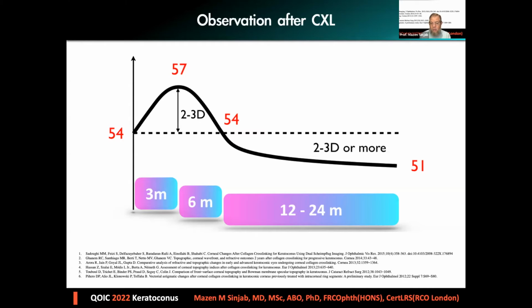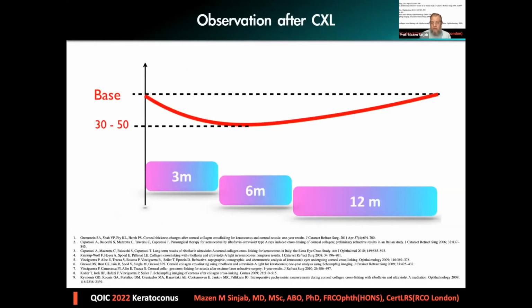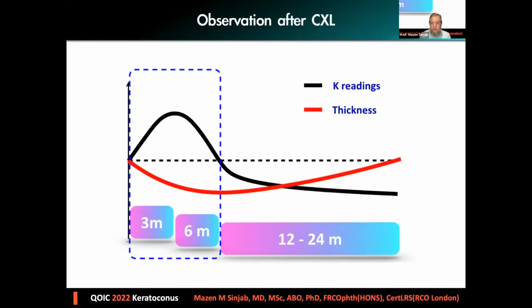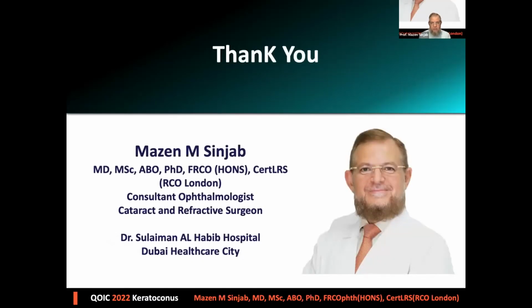You cannot decide whether there is a failure of the cross-linking and whether there is progression of keratoconus, because the K readings change during the first 6 months in the same way as progression, and the thickness thins during the first 6 months, very similar to progression. So during the first 6 months, the cornea will behave as if there were progression. So we have to forget it and start the monitoring at 6 months onwards. Thank you very much.